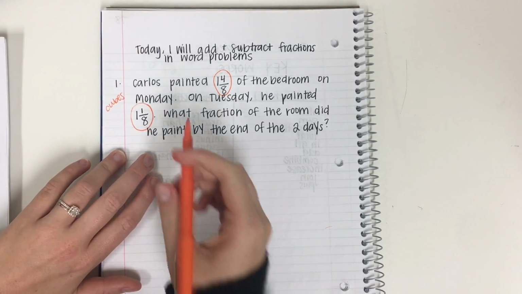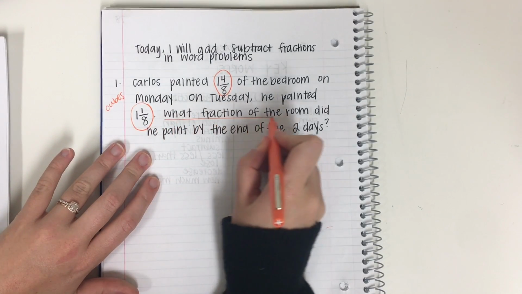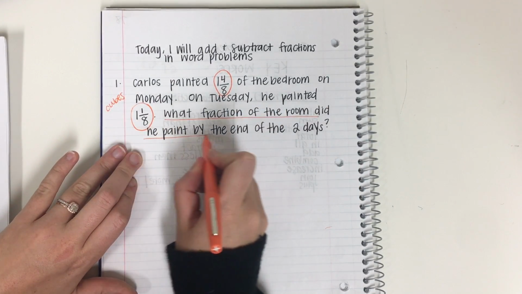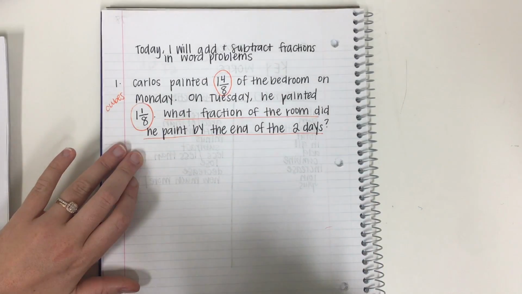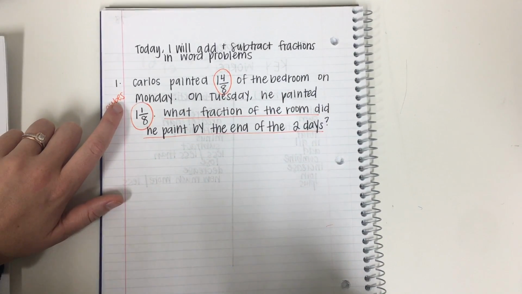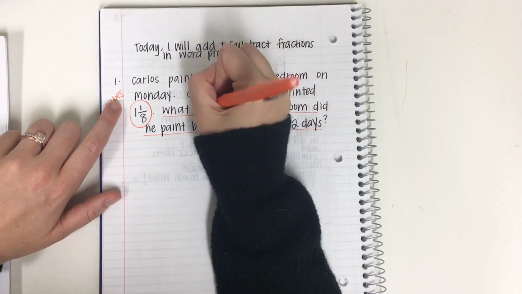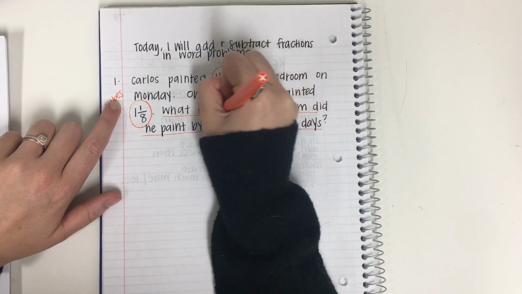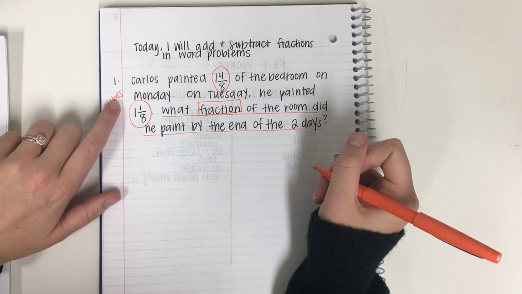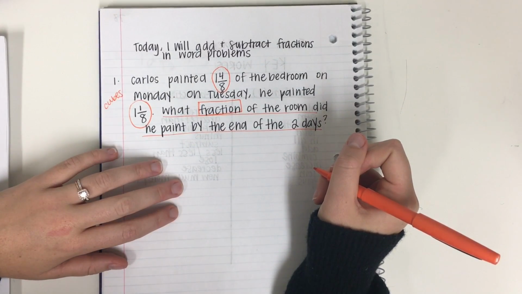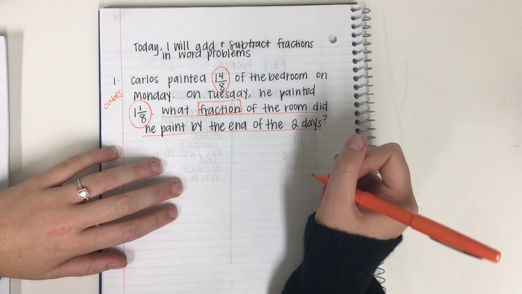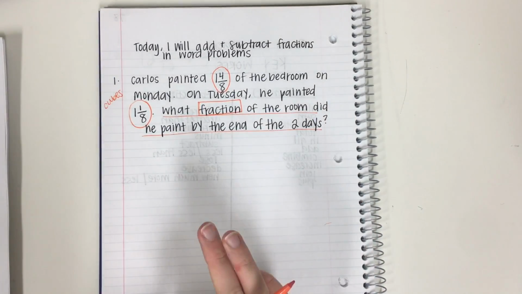Okay, I'm going to underline my question. Okay, and I'm going to box. B stands for box any math words. Well, what fraction of the room did he paint by the end of the 2 days? Okay, that's kind of it. So looking for a fraction.